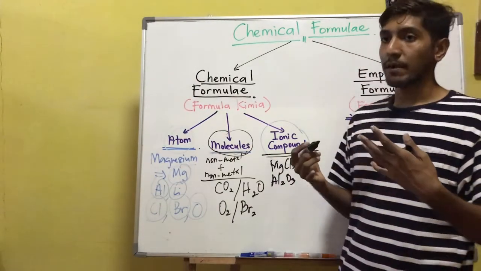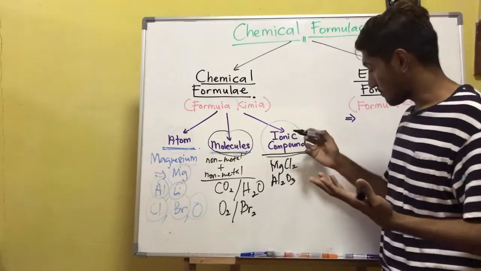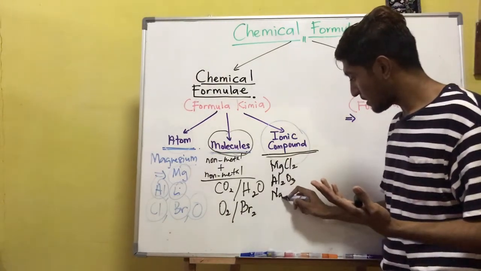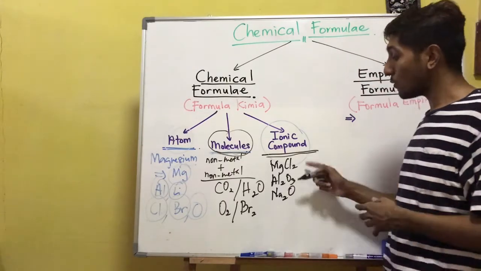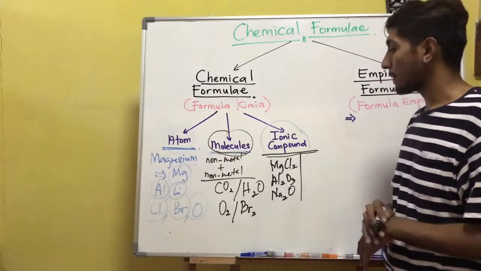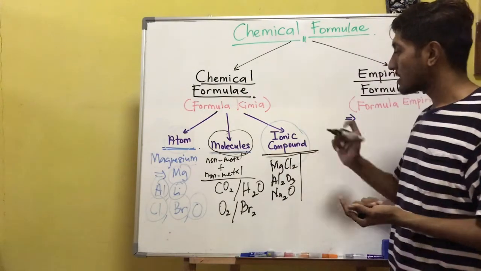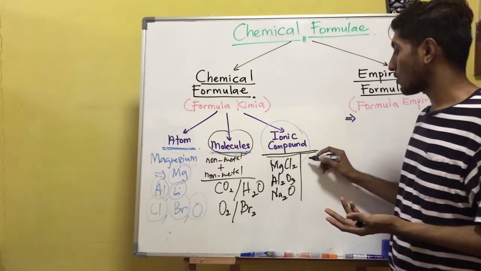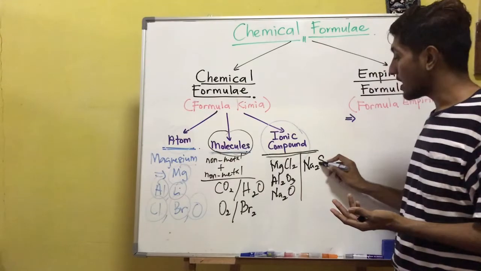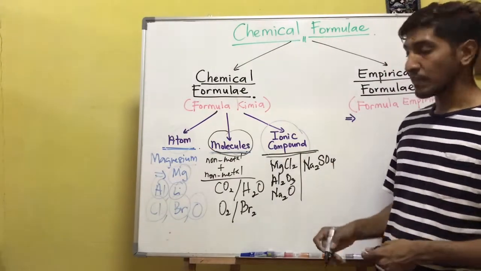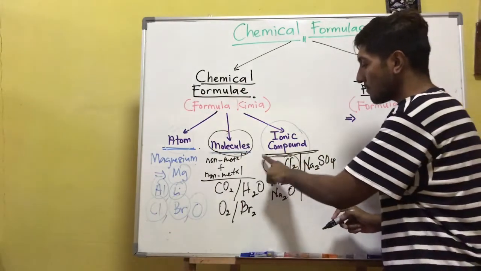Kalau kita nak bincangkan tentang sodium ataupun natrium oksida, Na2O. Kalau kita nak ceritakan pasal lagi satu sebatian ionik yang lain, sebagai contoh natrium sulfat, Na2SO4 dan sebagainya.